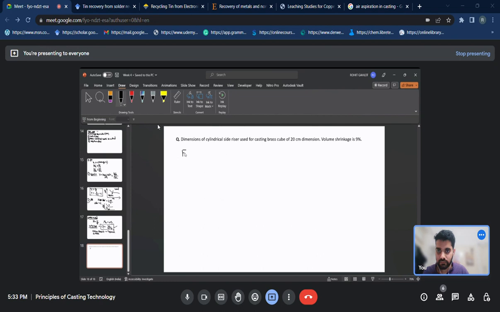So for the side riser, I'm taking H equal to D, and then the volume of the riser is 3 times 9%, which is given as the volumetric shrinkage, of the 20 cube of 20, because it is a brass cube.